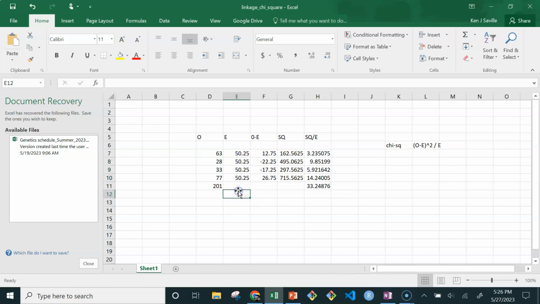The expected in this case, because the hypothesis we're testing is a 1 to 1 to 1 to 1 ratio, so 0.25, 0.25, 0.25, 0.25. If we were testing a 9 to 3 to 3 to 1 hypothesis for a dihybrid cross, our hypothesis would be 9/16, 3/16, 3/16, 1/16. In this case, we're testing 1 to 1 to 1 to 1.